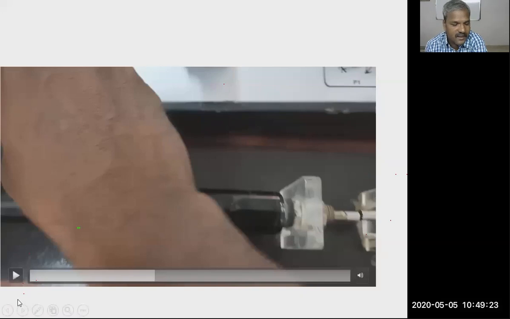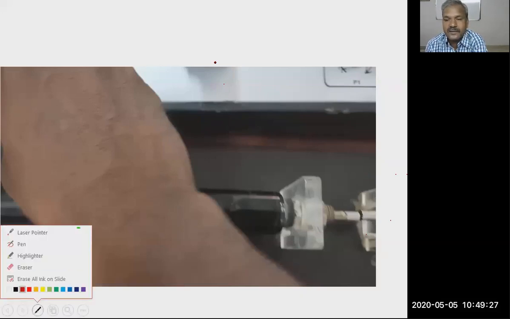What are the steps for calibration? There are 3 steps for calibration: zero, span, and the third one is for linearity. So zero adjustment, span adjustment, and linearity.